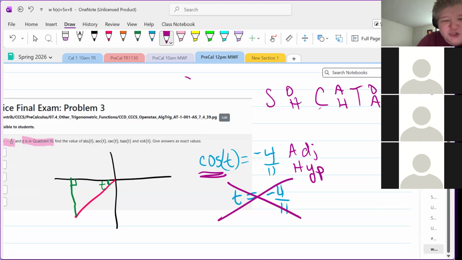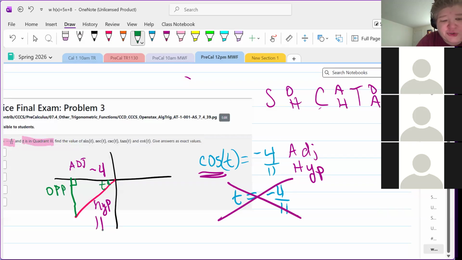So when we come back to our triangle, our hypotenuse is the diagonal side. So that is going to be +11. Our adjacent side is the horizontal side next to angle T. So this is going to be -4. We need to figure out what the vertical side is, which is our opposite side.